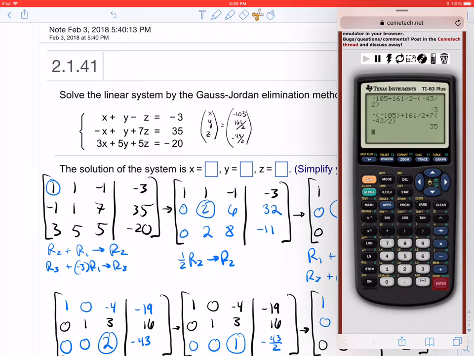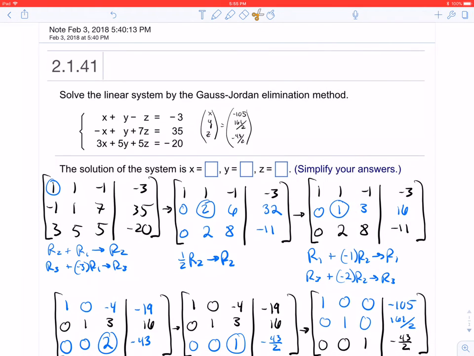I should get 35, and we do. 3 times our x, which is negative 105, plus 5 times y, which is 161 over 2, plus 5 times the negative 43 over 2, and we should get negative 20, okay? So this indeed works, all right?